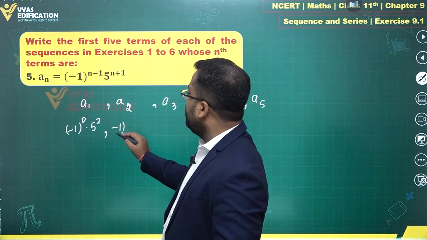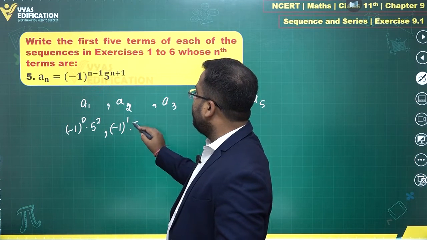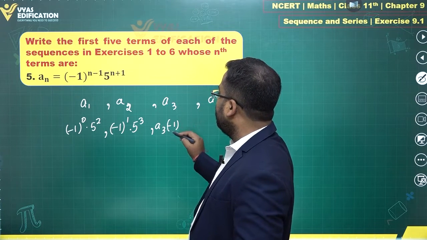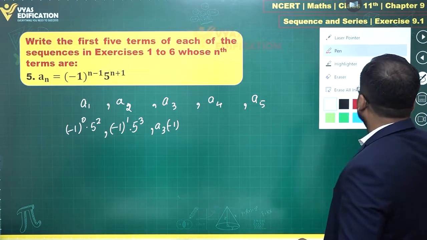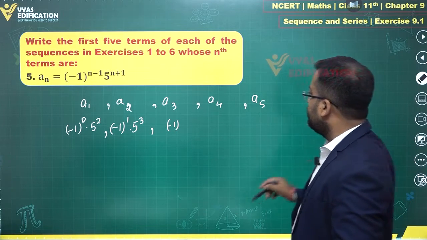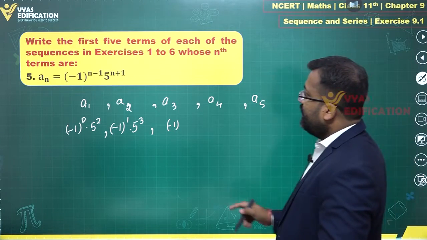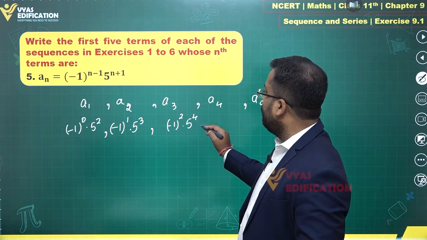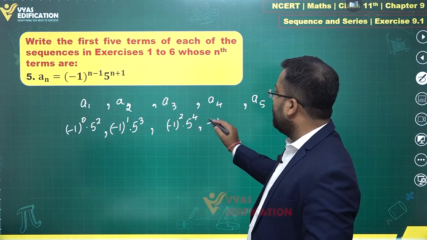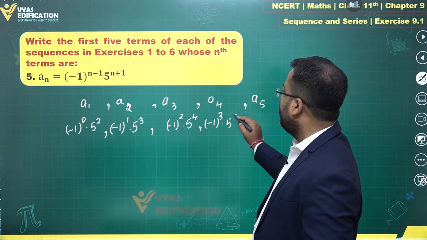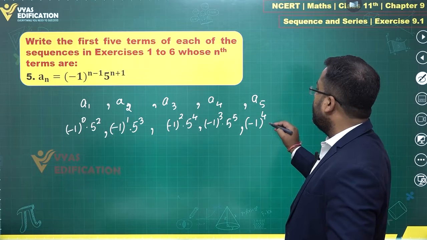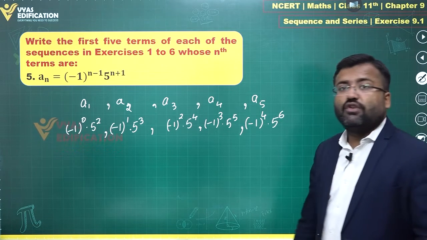A2 will be minus 1 power 1, 5 power 3. A3 will be minus 1 power 3 minus 1 which is 2, 5 power 3 plus 1 which is 4. A4 will be minus 1 power 3, 5 power 5. A5 will be minus 1 power 4, 5 power 6.